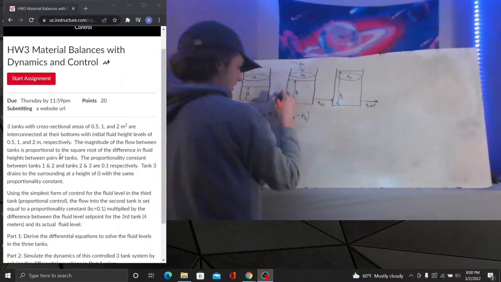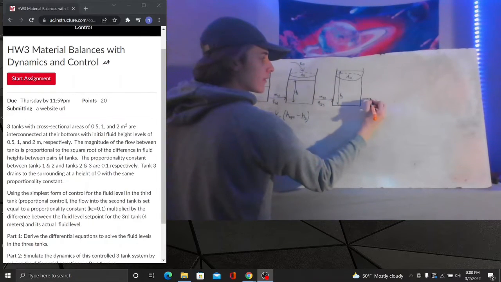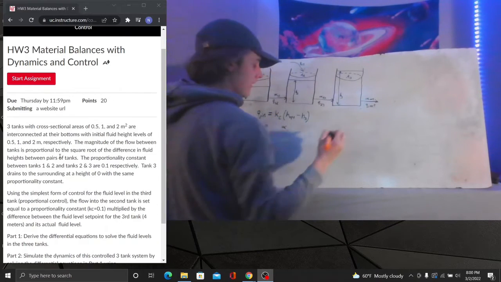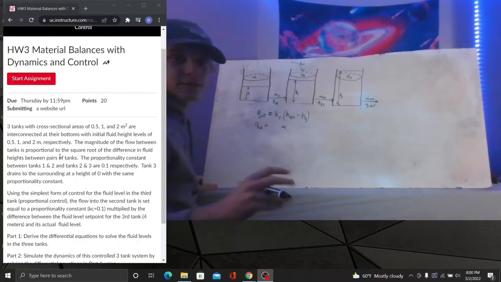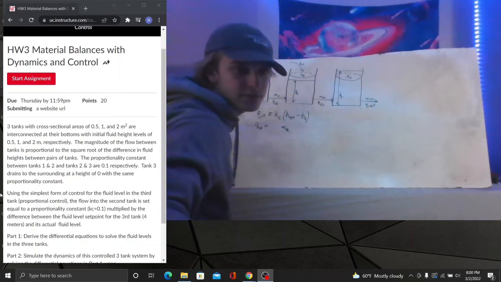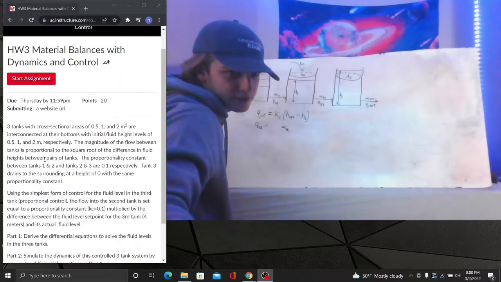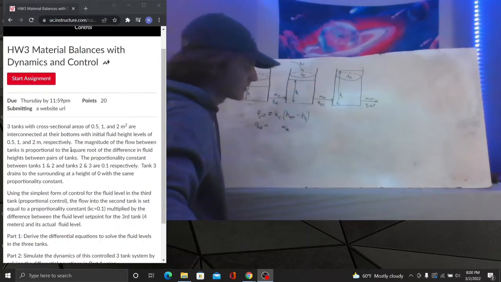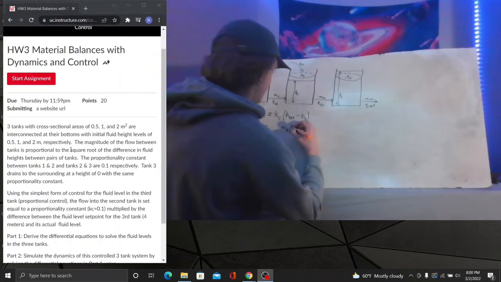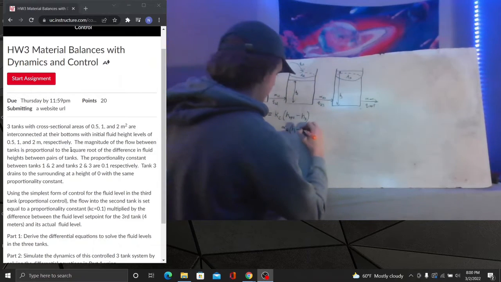Alpha 12, alpha 23, and alpha out. So it's going to be equal to the proportionality constant times what it says here, the difference in fluid heights between the pairs of tanks and the square root of that. So it'll be our height 1 minus height 2 all to the 1/2 power.